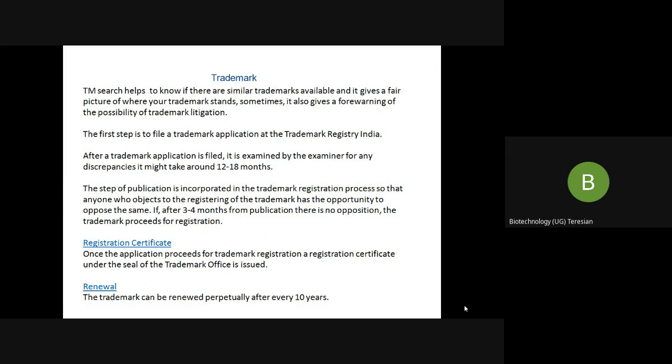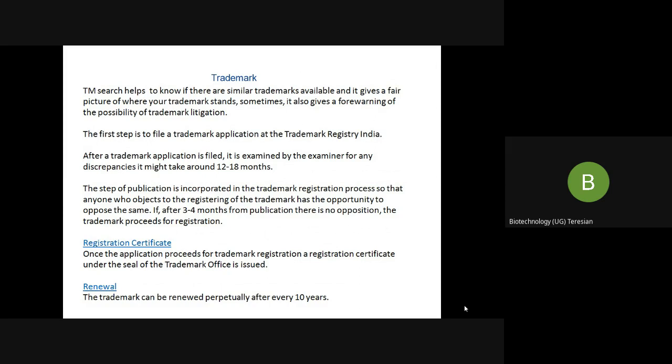So the first person is to file a trademark application at the trademark registry in India. So whenever you want to go for a trademark, you have to go for the registration in India. After the trademark application is filed, you pay some amount and then the application is filed.